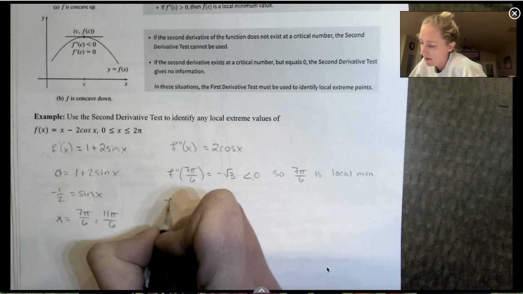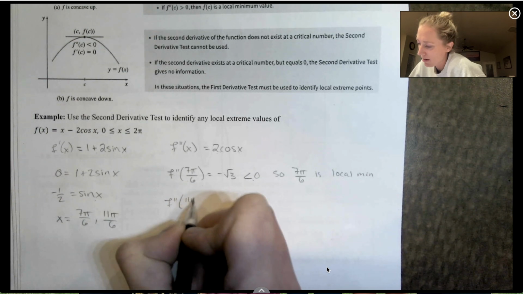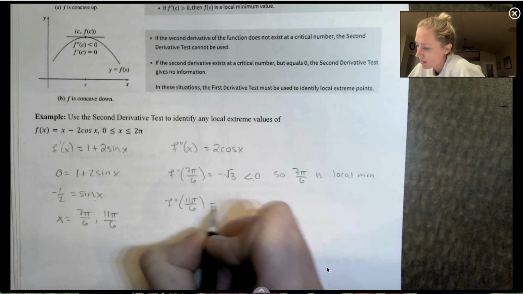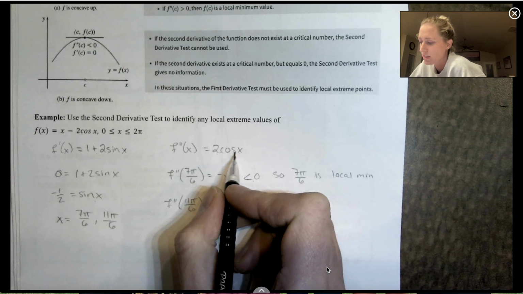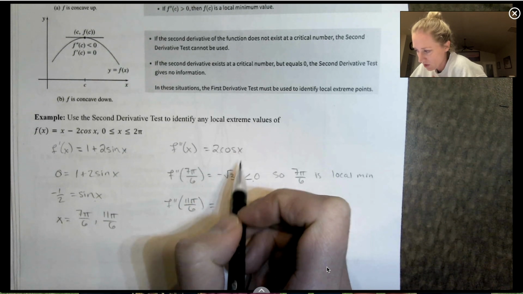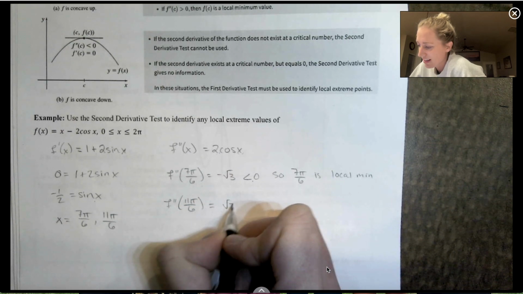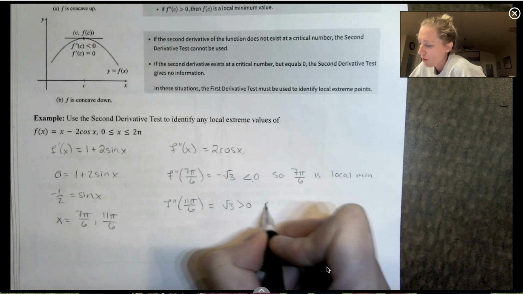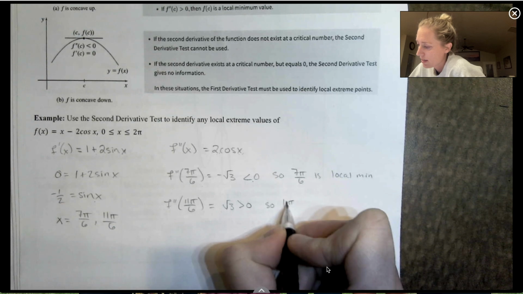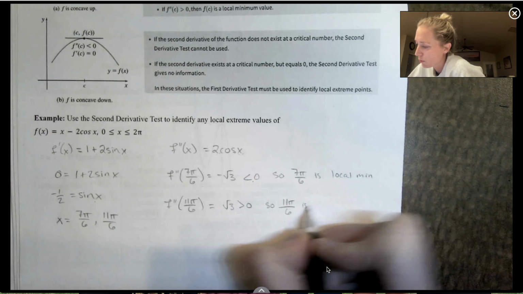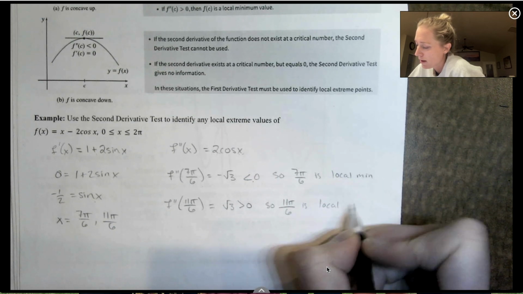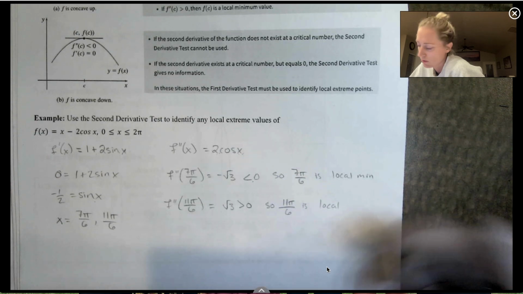And then f double prime of 11 pi over 6. If I put in 11 pi over 6, cosine of 11 pi over 6 is root 3 over 2 times 2, which is root 3. And again, that's positive. So 11 pi over 6 is a local max.